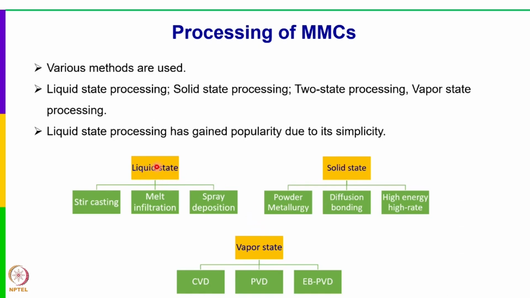In liquid state processing, you have these methods: stir casting, melt infiltration, and spray deposition. In solid state, you have powder metallurgy, diffusion bonding, and high energy, high rate processes. And in vapor state, you have all those vapor deposition processes such as chemical vapor deposition or CVD, physical vapor deposition or PVD, and then electron beam PVD.